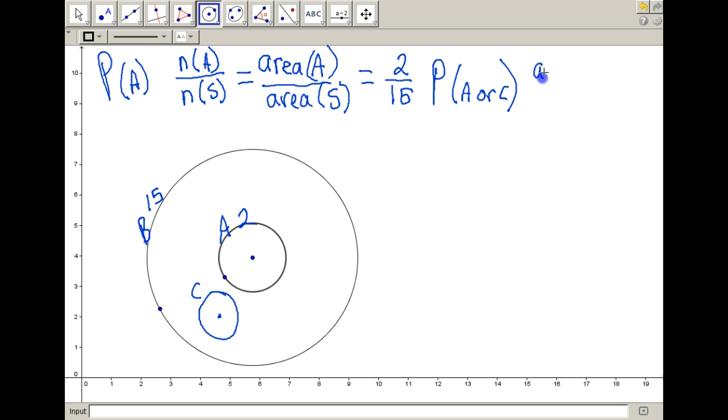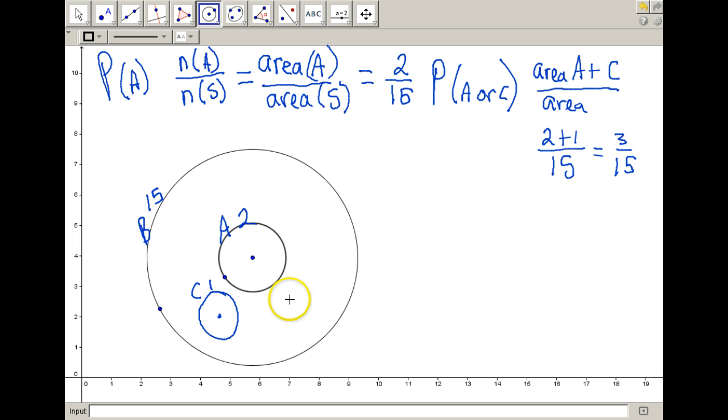Well, we would do that by taking the area of A and adding the area of C, and then dividing by the area of B. So we'll give C an area of 1, so that's 2 plus 1 over 15, or 3 over 15. Our probabilities are improving because either one of these landing spots represents a winner.